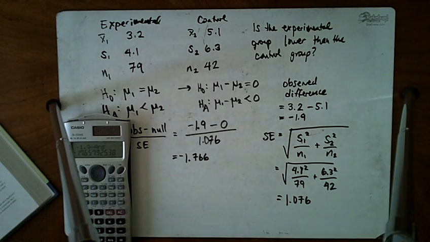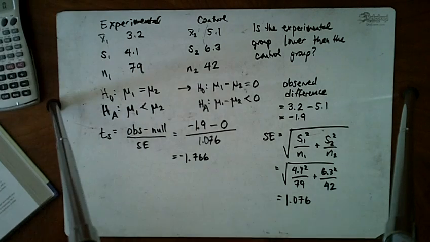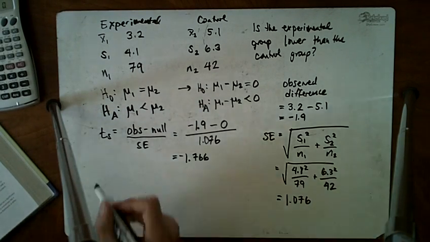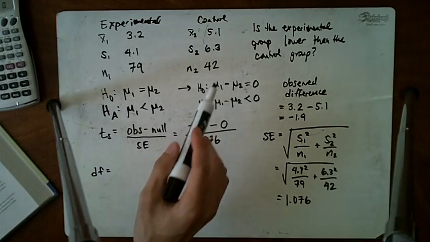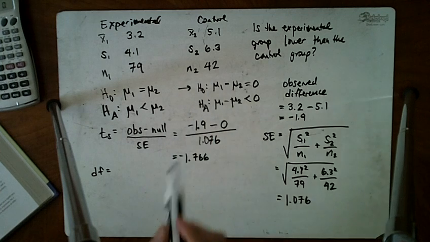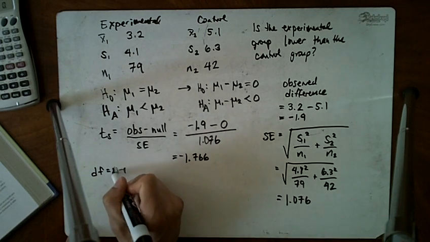And so here I'm going to look in my t table to see if it's significant or not. The degrees of freedom that I'm going to use is going to be the size of my smaller sample, which was 42, minus 1. So it's n minus 1 for the smaller sample.